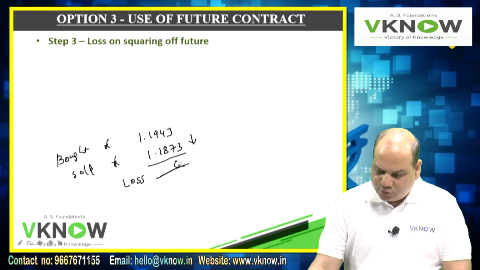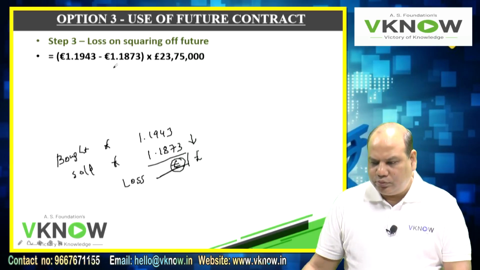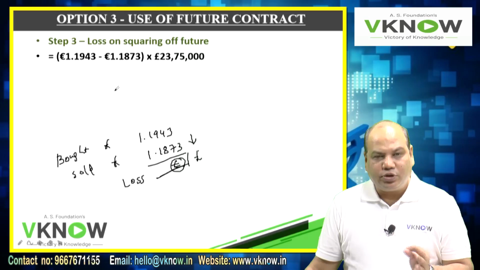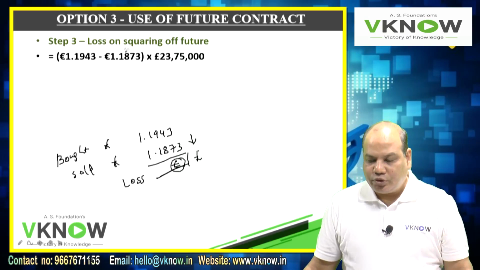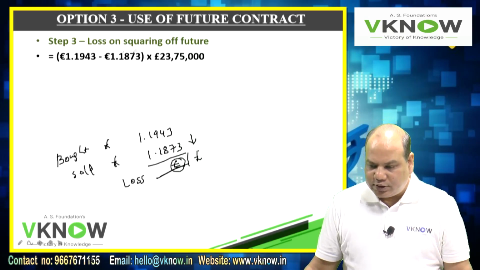Loss will be in terms of euro per pound. So your final answer will be in euro. So write down loss. The rate has gone down. Previously we took 3 or 4 questions where there was profit. Now we have taken questions where there are losses. You have to be careful with this step.